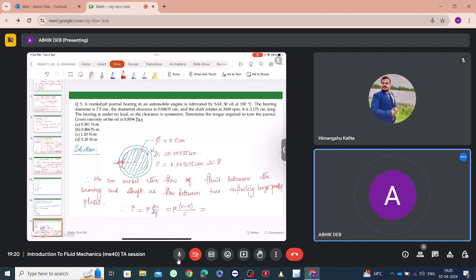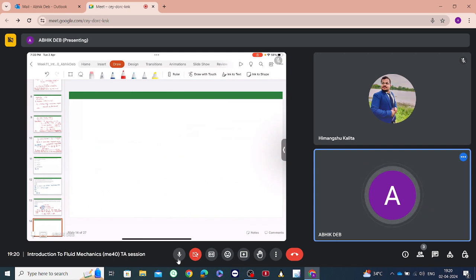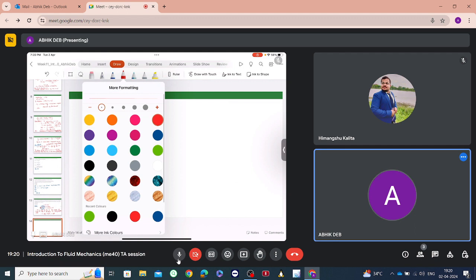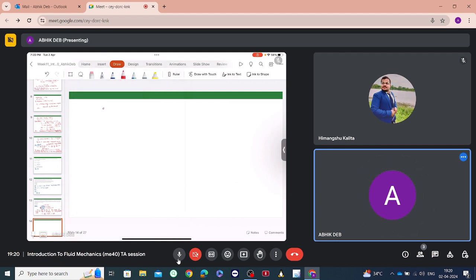What is mu? Or let us not give the values now. So v is equal to pi dn by 60. Okay, therefore the shear stress is mu into pi dn by 60, that is velocity, divided by c.